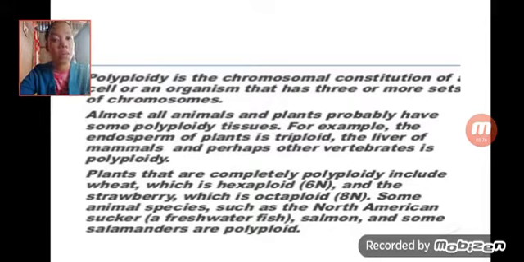Plants that are completely polyploid include wheat, which is hexaploid, and strawberries, which are octaploid, having 8 sets. Some animal species, such as the North American sucker, a freshwater fish, salmon, and some salamanders are polyploid.